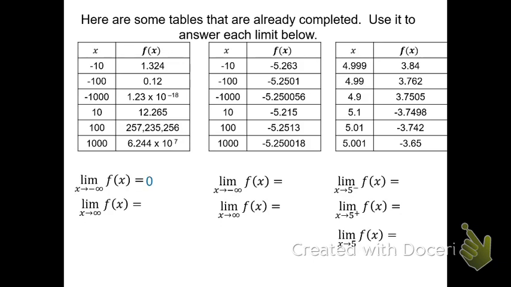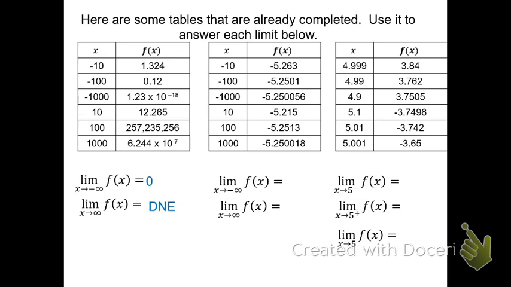Now what happens as we go towards positive infinity? It's 12.26, 257 million, and so on. It's unbounded. It's getting bigger and bigger, which means the limit of f of x as x approaches infinity does not exist. Well, let's look at the next one. As we go from -10 to -100 to -1000, f of x is going from -5.26 to -5.25 to -5.2500.